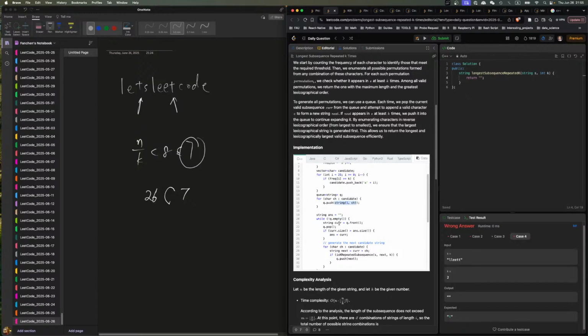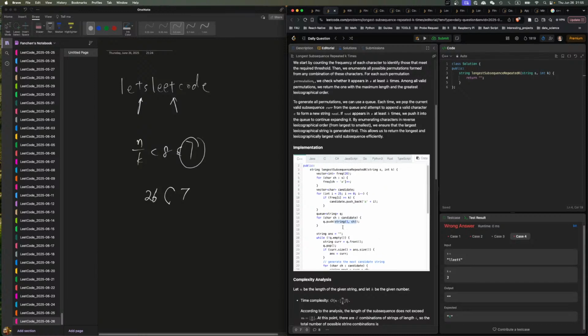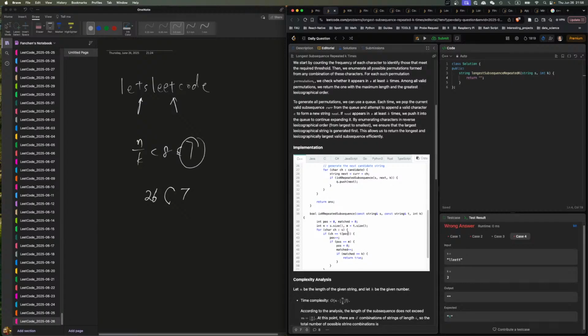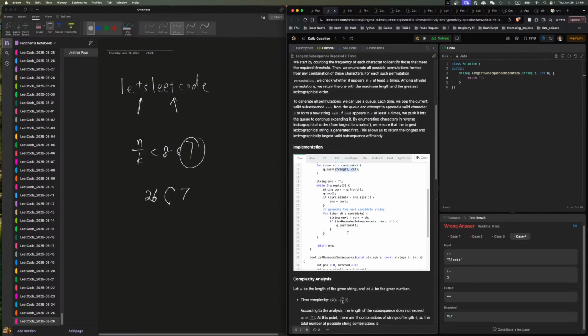Okay, we get that. If larger than answer dot size, we do that. Generate the next candidate string.